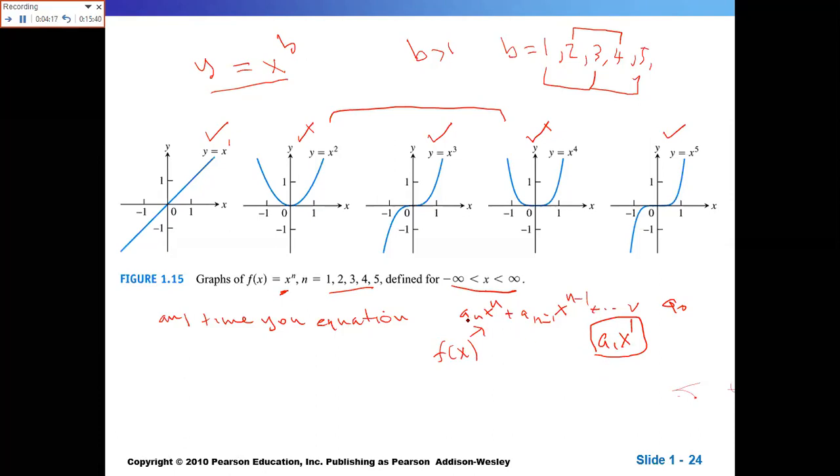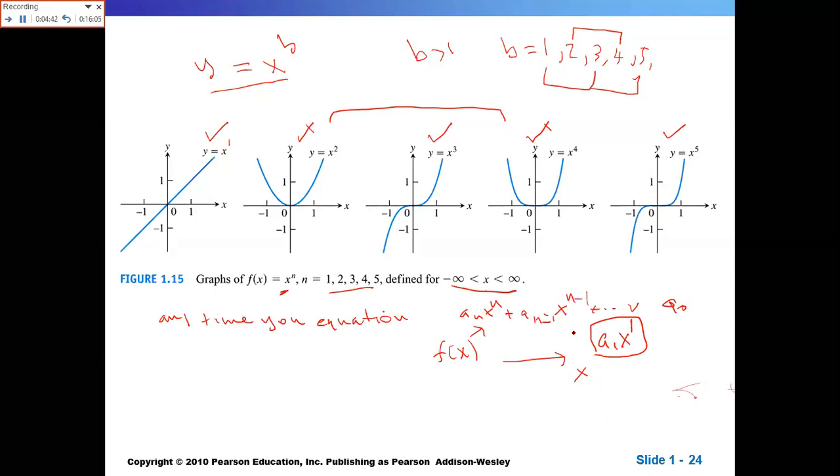So if we said every a sub n equal to 0 except a1 equal to 1, that means I'm going to get what? F of x equal to what? a1x. صح؟ Yes. And if a1 is equal to 1, it will give us f of x equal to x, right?